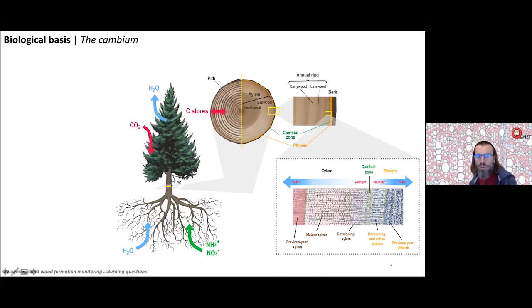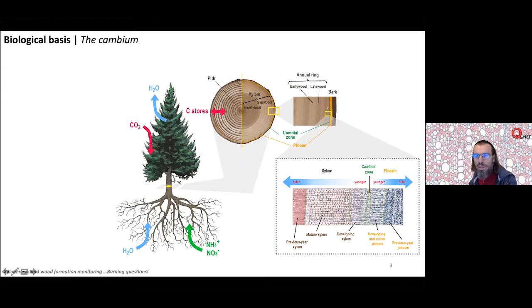So usually we are studying a stem, and this is the main part of this talk. But don't forget that cambium is also present in roots and also in branches. And the functioning of the cambium is also related with the functioning of the trees, of course, with for example, it needs sugar to produce xylem and phloem.